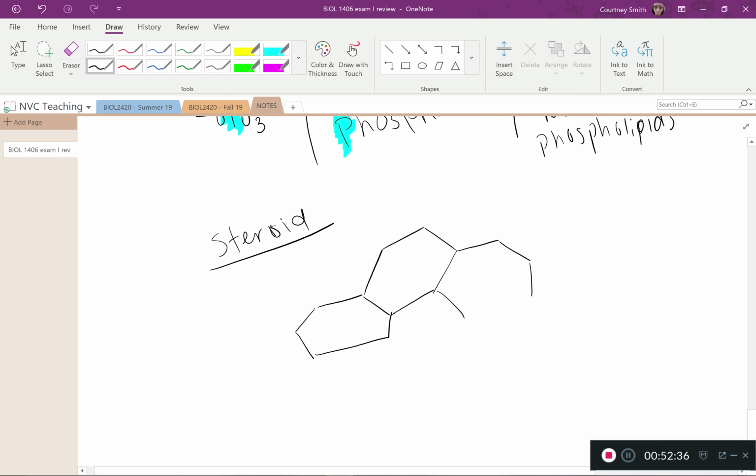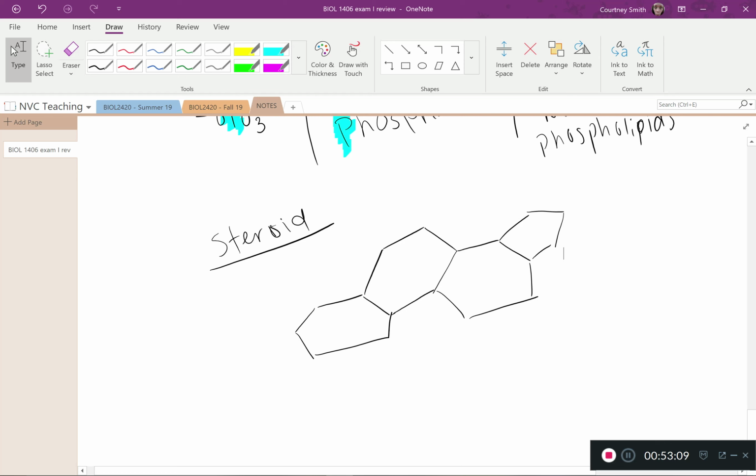And then the 4th ring though is, so you'll have generally 3 rings that have 6 carbons, so these 3, and then the last one will only be a 5-ring. So that's the general basics of the backbone of a steroid. Almost all steroids will have this backbone, if not all, and then what will vary is what branches off of these rings. I won't expect you to know that, but I do want you to know the general backbone of a steroid.